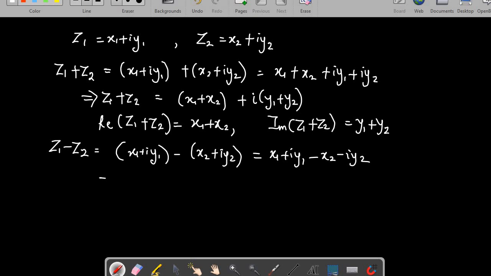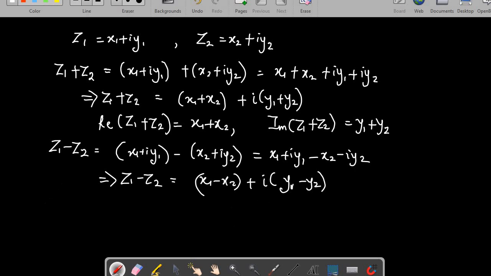This implies that z1 minus z2 equals x1 minus x2 plus, factorizing i, y1 minus y2. Just like in addition, when you subtract two complex numbers, you subtract the real parts and the imaginary parts. The same goes if I write the real part and the imaginary part. You know the drill already.